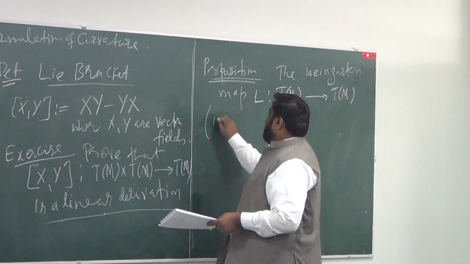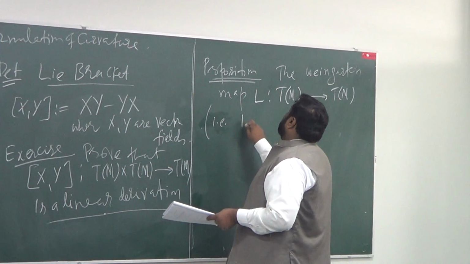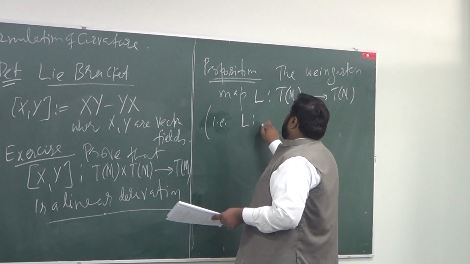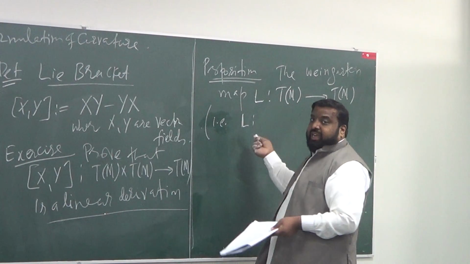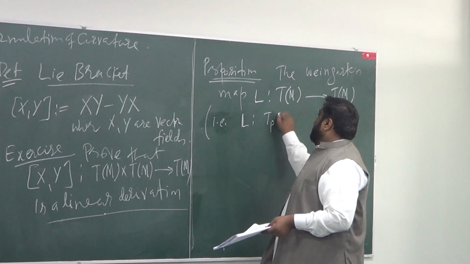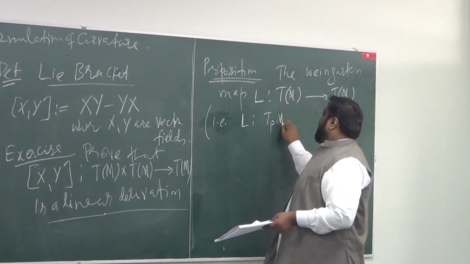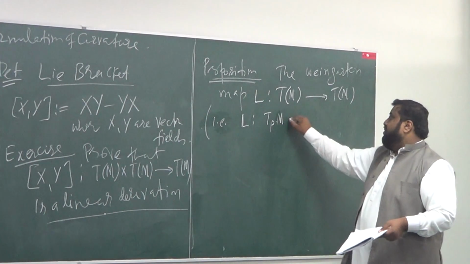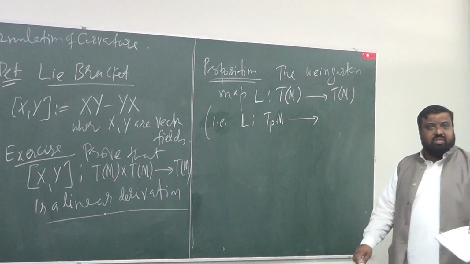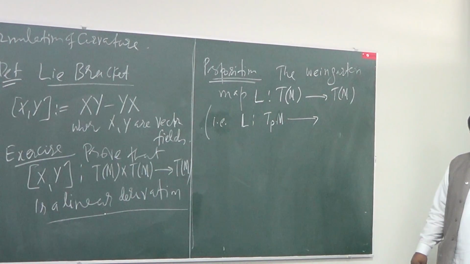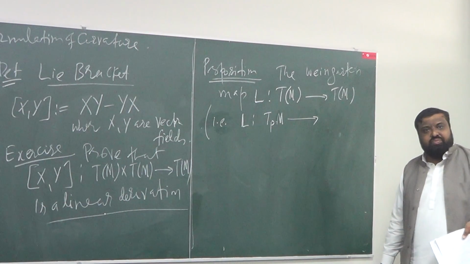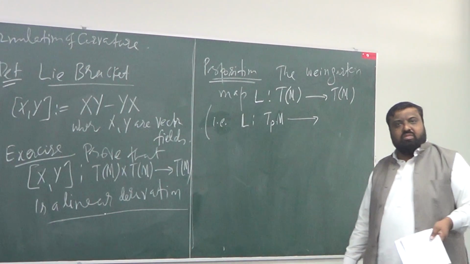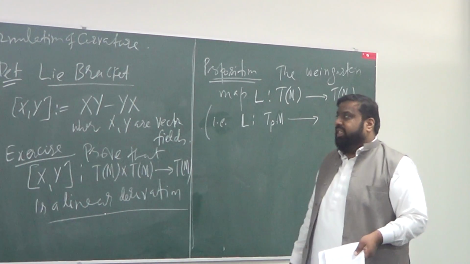I can also say that this map, if you specify a point, if you take a tangent space onto M, is going to throw where? So here's the thing.